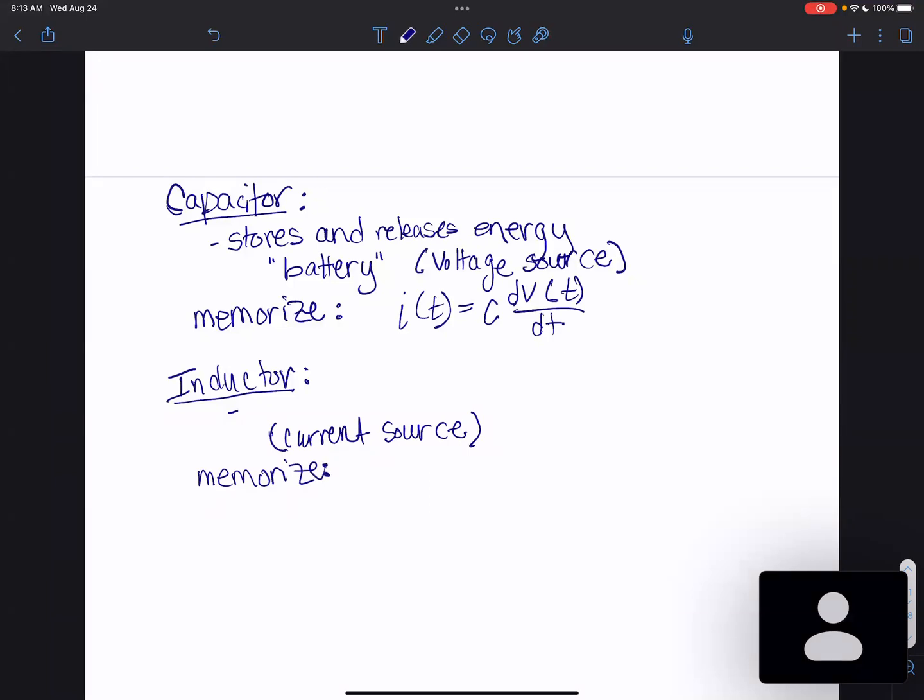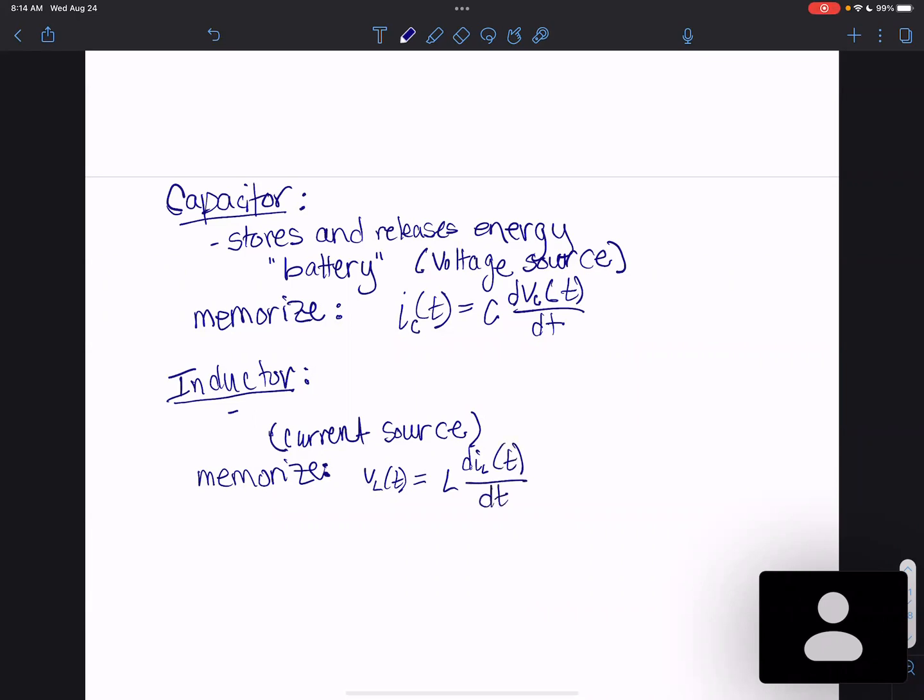And the equation that you have to memorize for this one relating current and voltage. Go back and look at the notes. Go ahead. That voltage V(t) equals inductor L times the I. Correct. I'm sorry, this was the VC and the current IC.